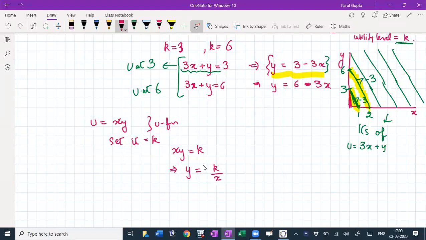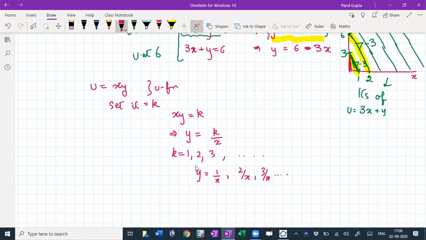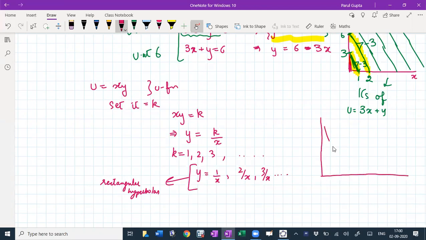Now I can again take different values, k equal to 1, 2, 3, and so on, and I will get y equals 1 by x, 2 by x, 3 by x, and so on. All of these, if you recall, are rectangular hyperbolas, which will look like this.